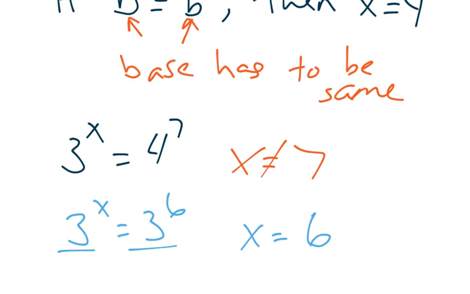X equals 6. Now if this was, let's say, 2x, then we could say that 2x is equal to 6 and solve from there. So the key with the property of equality is that the bases have to be the same, and if they are, then the exponents are equal, and we can set the exponents equal to each other and do any solving that we need to.